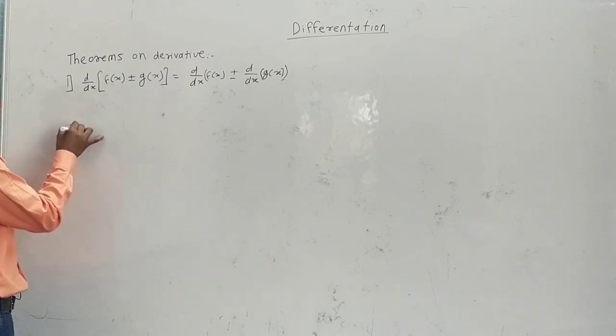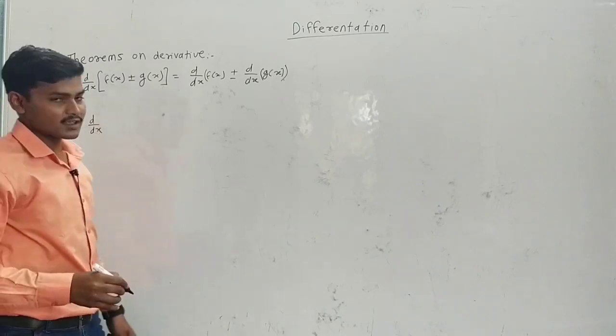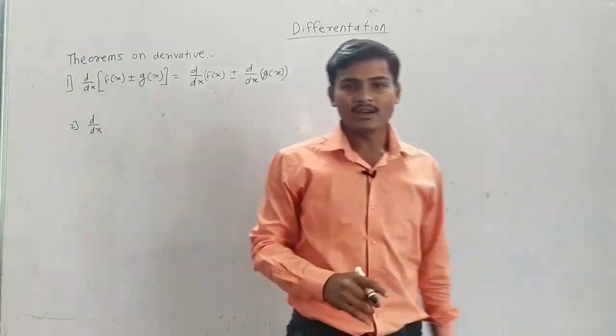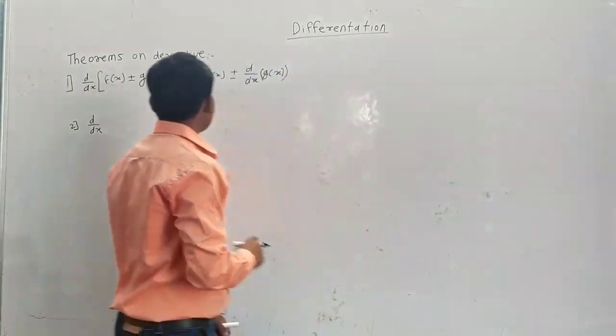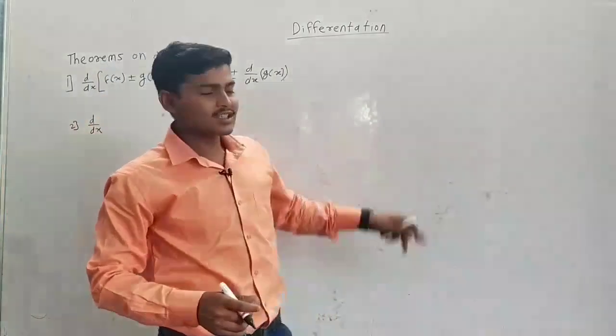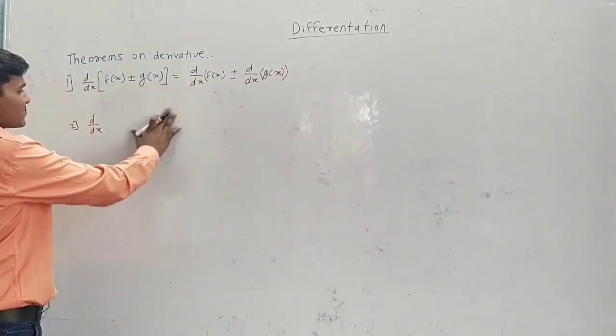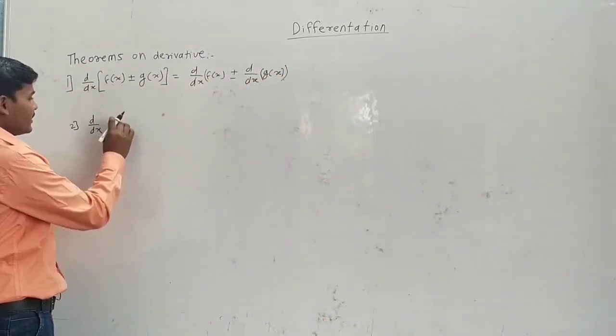Then second, the derivative of any constant term is always 0, but if a constant comes with a function, then it comes out.